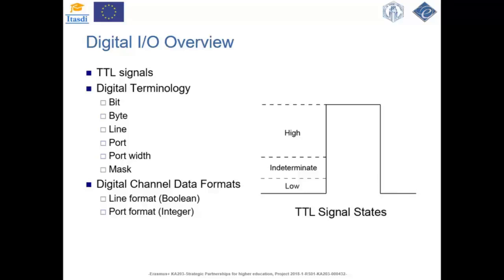The states of the data are limited to true or false, and line formats are only provided for single sample reads and writes. And the next format is the port format, which matches the native format of digital devices that can represent only 2 digital states and organize individual lines into collections known as ports.